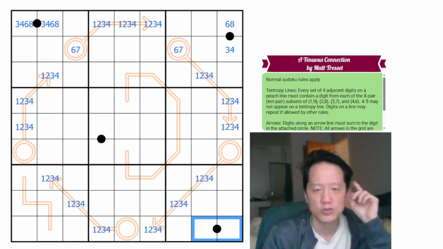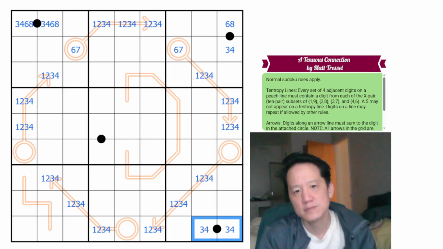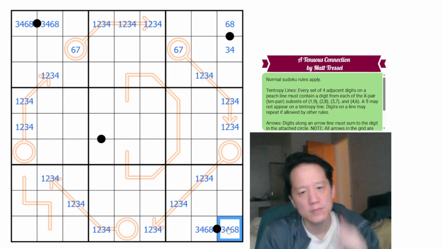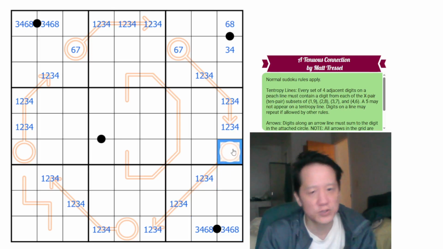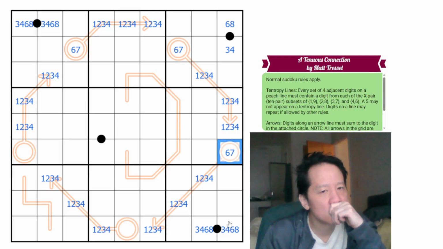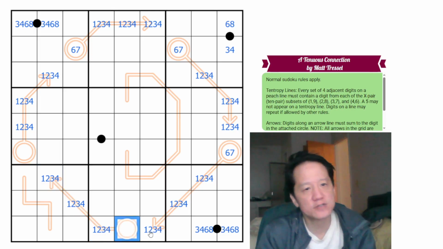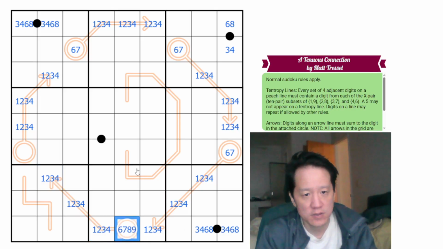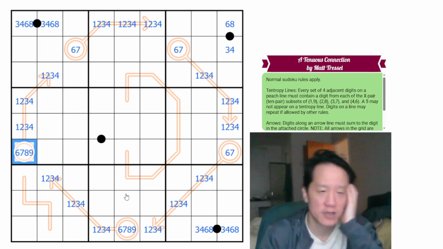So this is also 3, 4, and 6, 8. So this is also 6 or 7 here. Interesting. And this could actually be any of them, 6 through 9. And this could be any of them, 6 through 9.